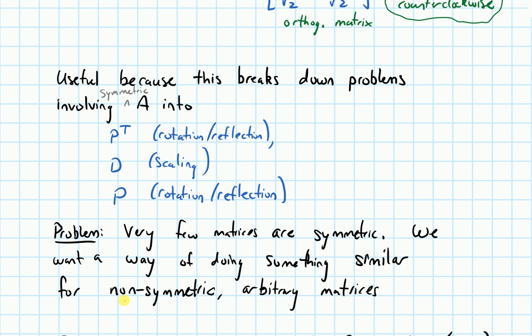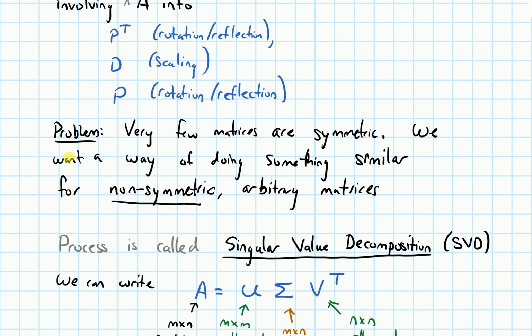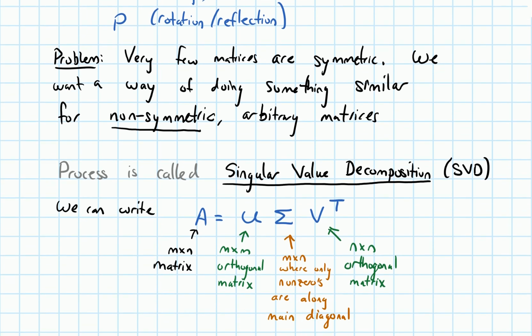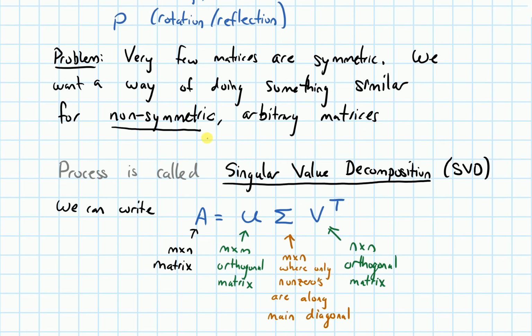Okay, so I'm going to underline the word non-symmetric. The process that we'll use to do this is what's called a singular value decomposition. The singular value decomposition will apply even when our matrix is not symmetric.